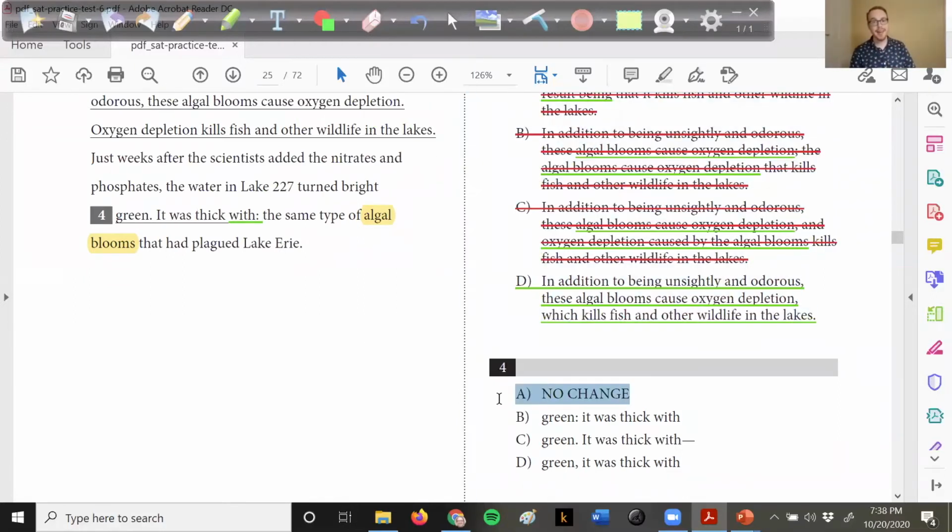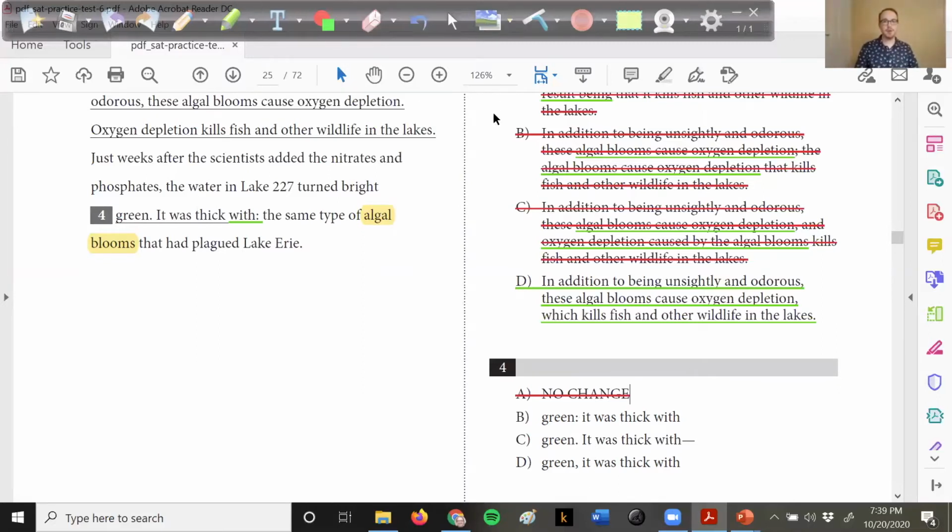So I don't like A, no change. B, green, colon, it was thick with the same type of algal blooms that had plagued Lake Erie. That one's our most promising one so far. Colons are almost always awkward no matter where you put them, but it is doing what a colon should do.